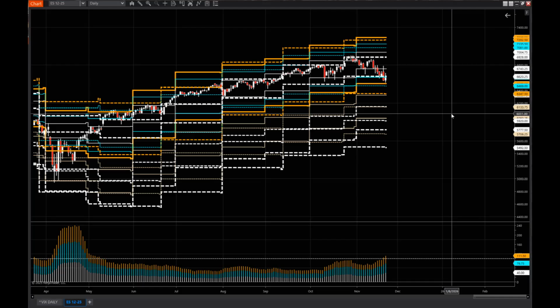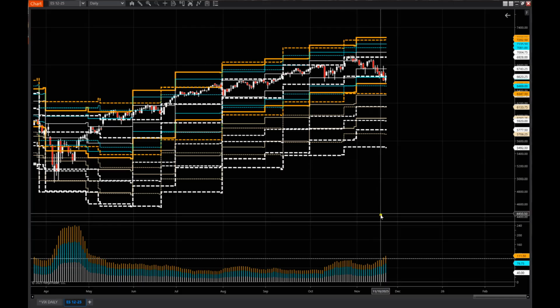Not only are we going range expansion for short, or are we range volatility contraction for longs, we want to see that long contraction. So we don't have it yet. We're still in expansion.